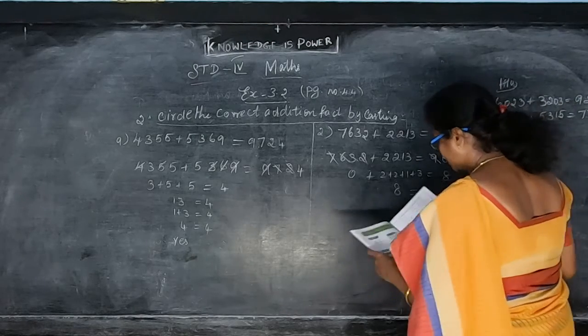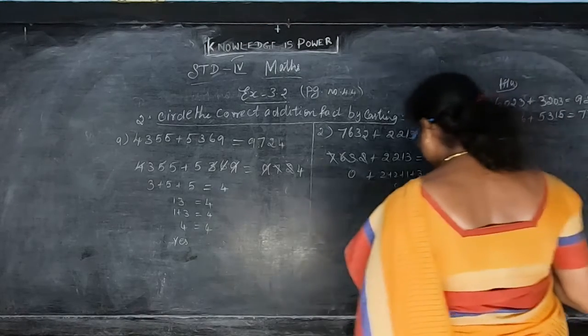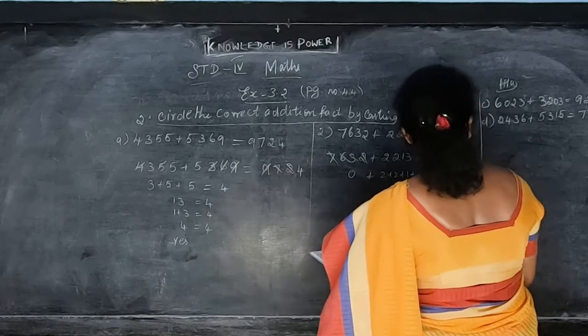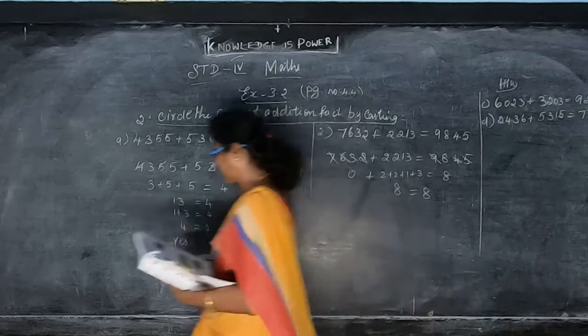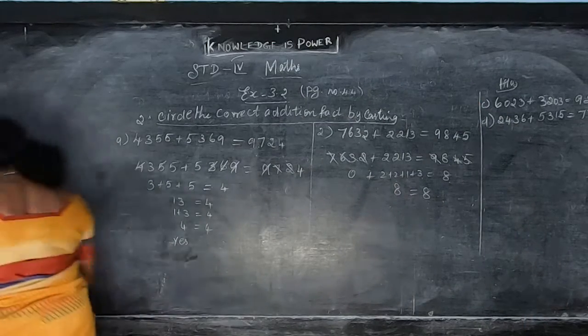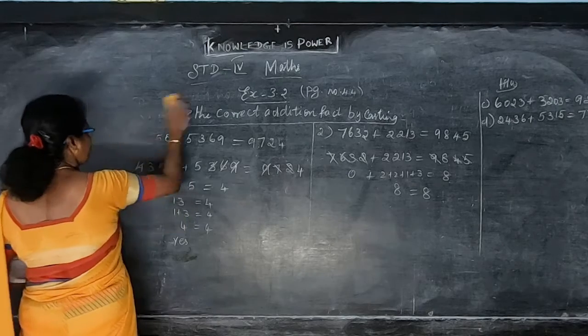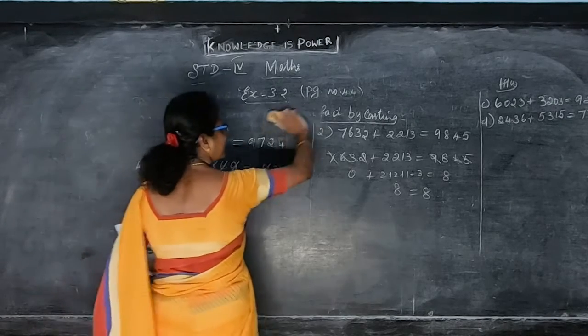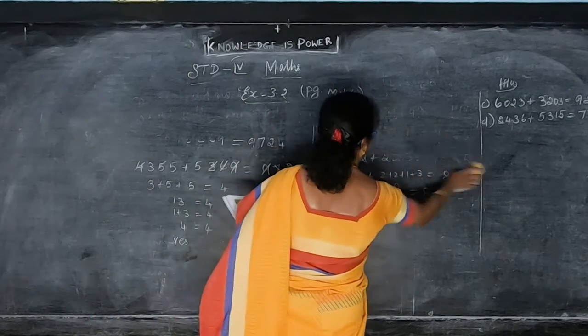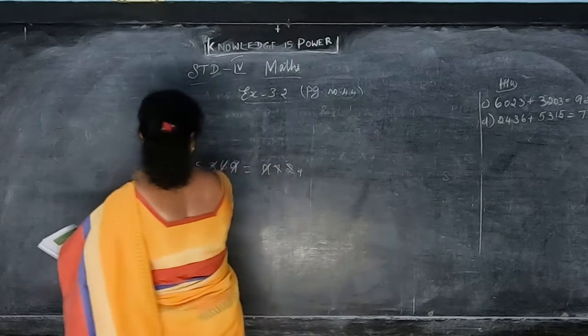Okay. So if this is the same, that is an addition fact and it is correct. Now we are going to check the subtraction fact. So note down the homework and do it, very easy only.